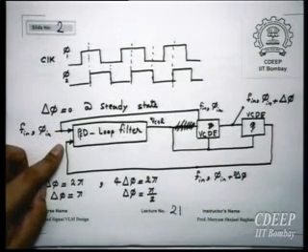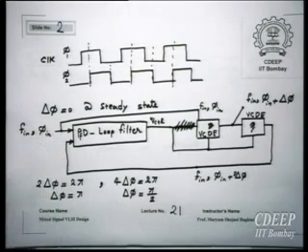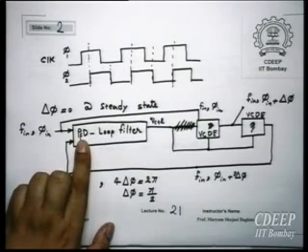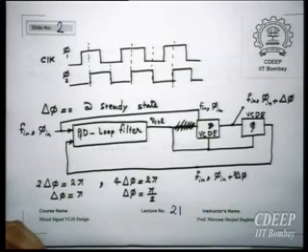So now we will have a difference between phases. So the same transient which happens in PLL now happens here. Then this charge pump will inject some current into the loop filter depending on the change in the phase, whether it is positive or negative, and again it will stabilize the phase.